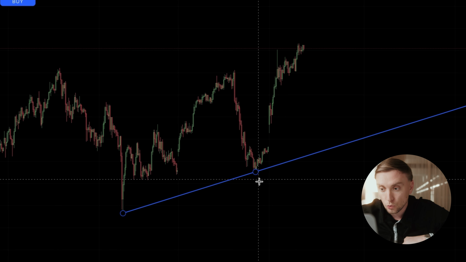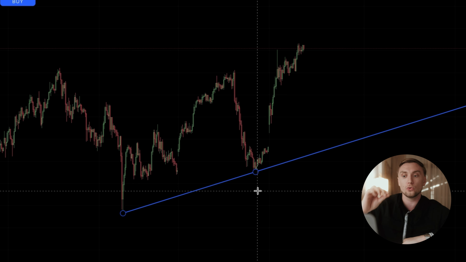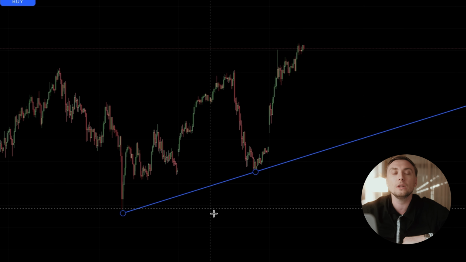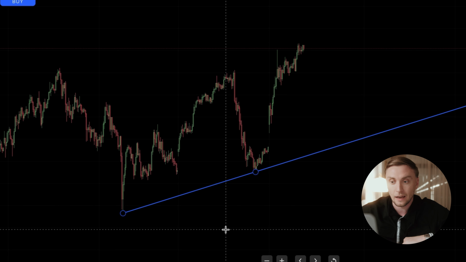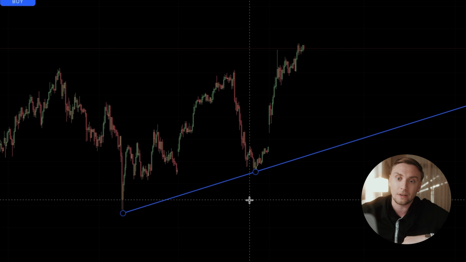Rule number two, the second point is supposed to be at the latest correction. And rule number three, between the first and the second point there shouldn't be any touches of the candle. If there are touches, we need to move forward to the right side until there are no touches. How does it look in practice?